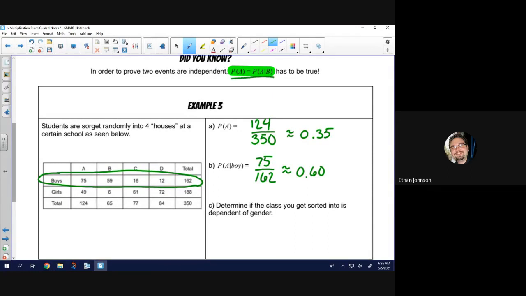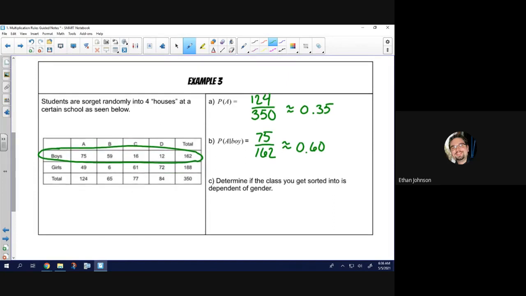So because those two are not equal, we can say these are dependent. And as an explanation, we can say, well, 0.35 is not equal to 0.6.